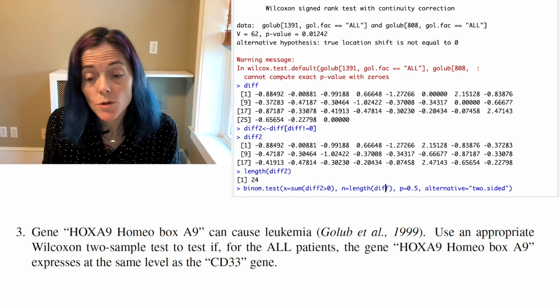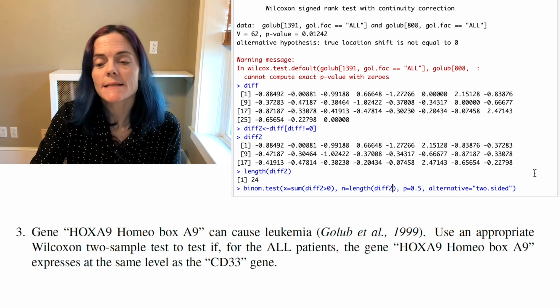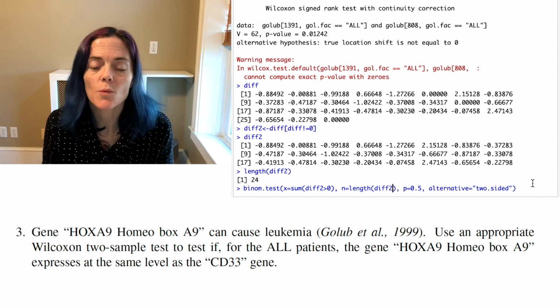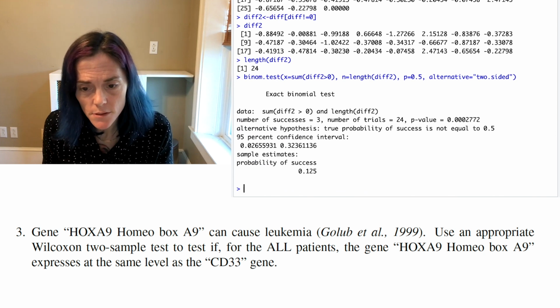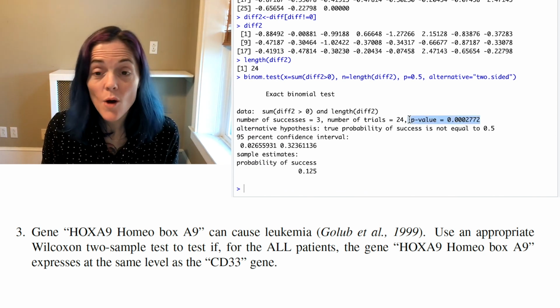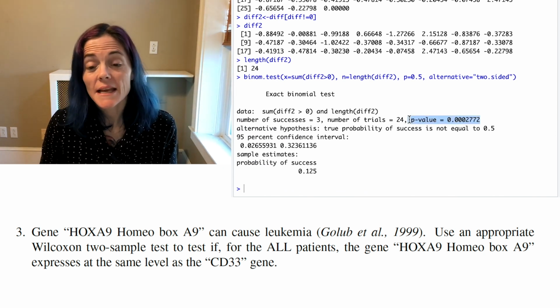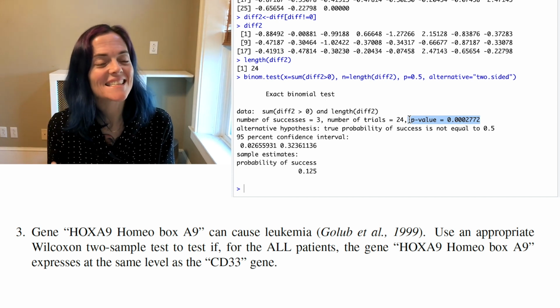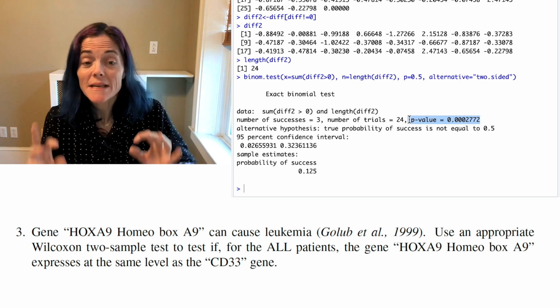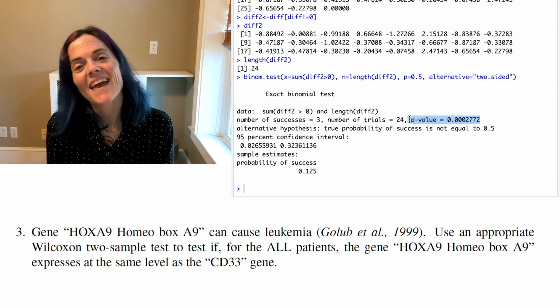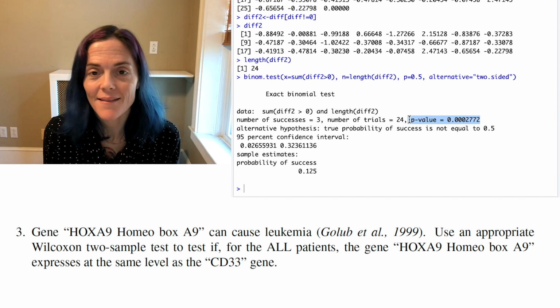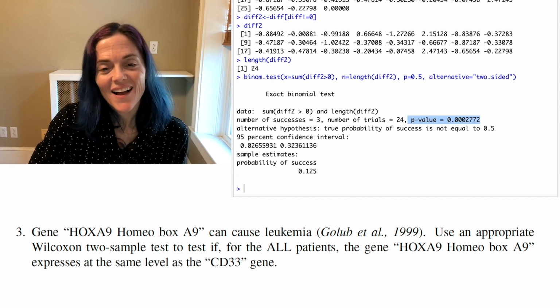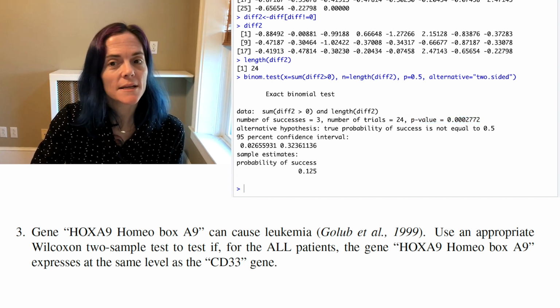Then we can do the Wilcoxon sign test on this vector where I have removed the zeros. I still have a very low p-value, which gives me a statistically significant result. We can confidently say that the two genes express differently in the ALL patients based on this data. All right, fantastic. Let's move on to number 4.